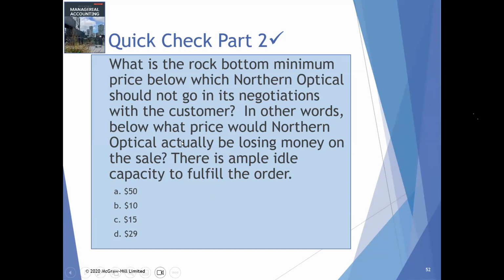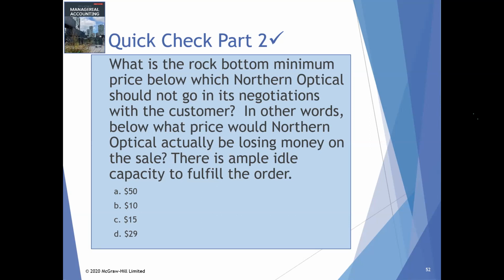In other words, below what price would Northern Optical actually be losing money on the sale? So what is the relevant cost that we want to calculate? There is ample idle capacity to fulfill the order.